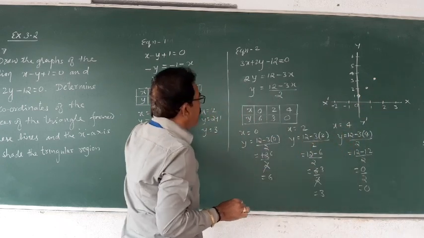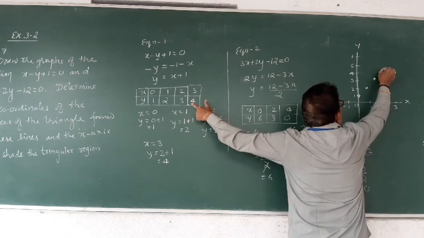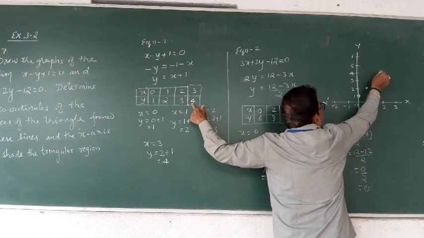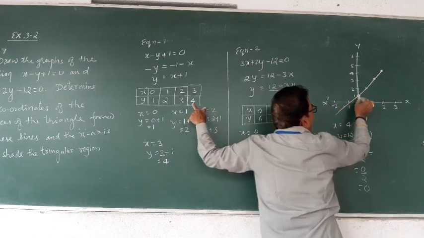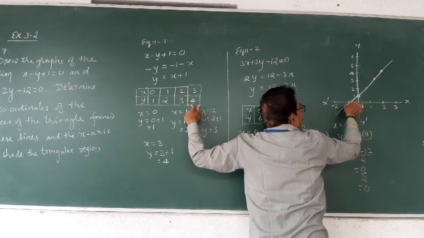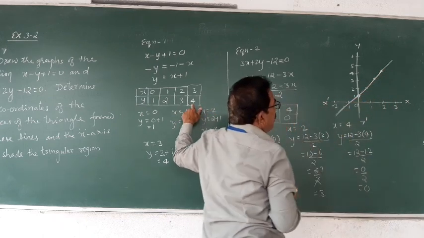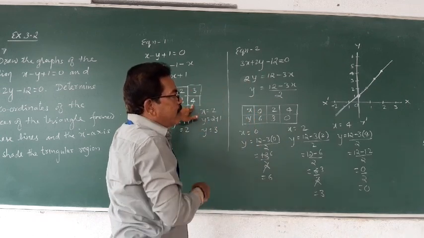Then x equals 3, y equals 4. So if we plot the graph, we will get a straight line. You can extend it on either side, this side and that side also.